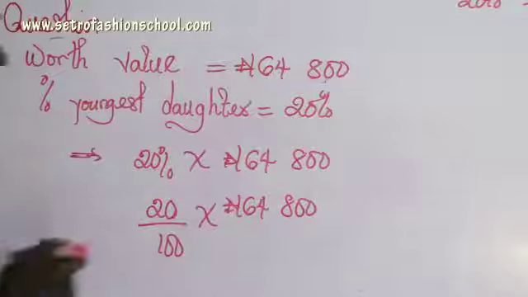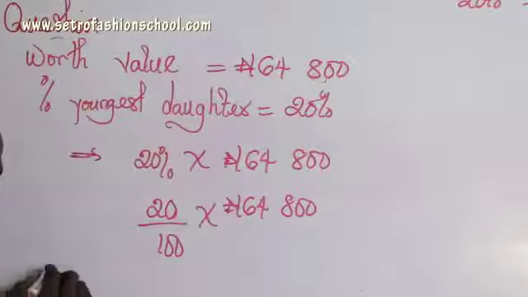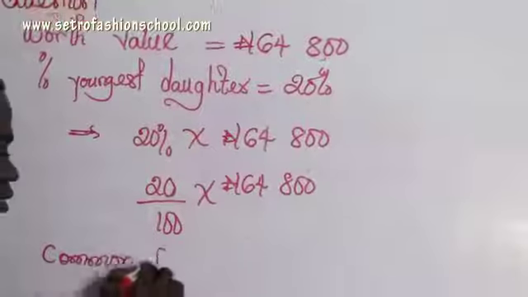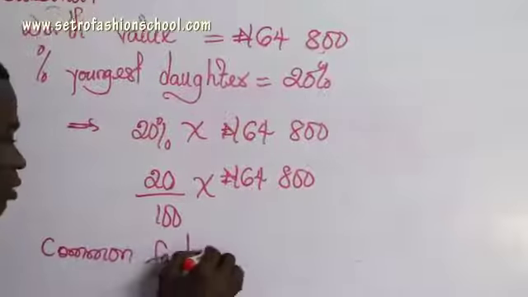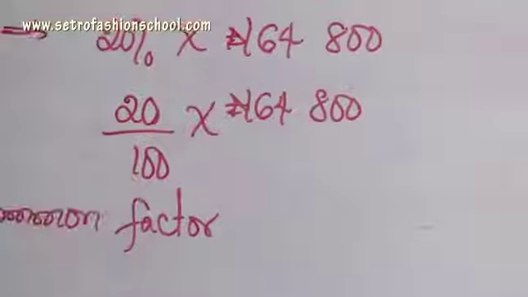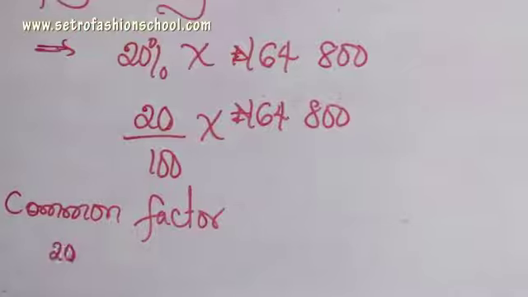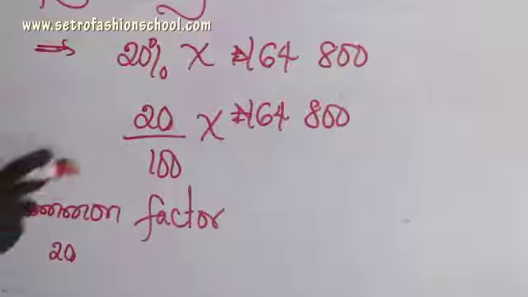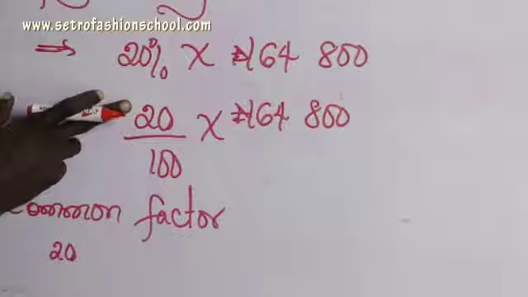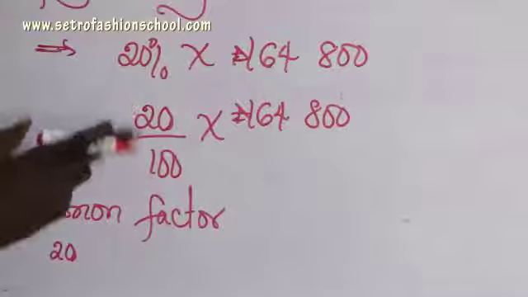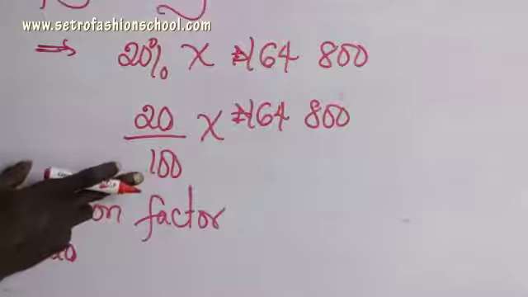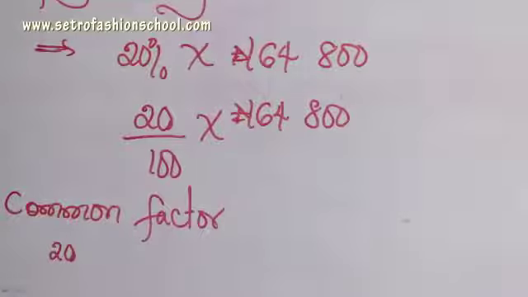Which means, here, my common factor between 20 and 100 is 20. 20 can go in 20. Likewise, it can also go in 100. There's also another common factor.